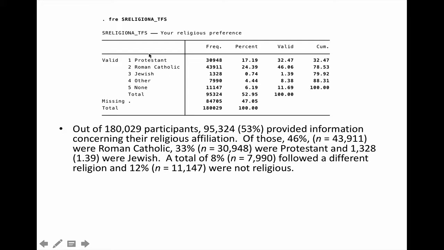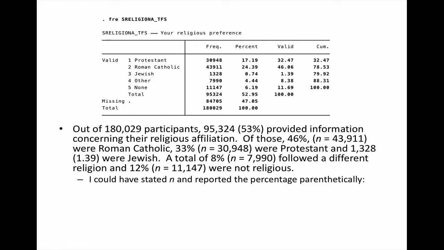But I included Jewish with these two because I thought, let's talk first about the people who actually selected one of the three specific religions provided. So of those, this many were Catholic, this many were Protestant, and this many were Jewish. Then we've got 8%, this many, who followed a different religion, and 12% were not religious, right here.